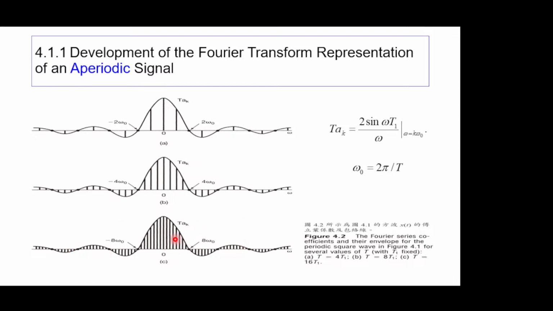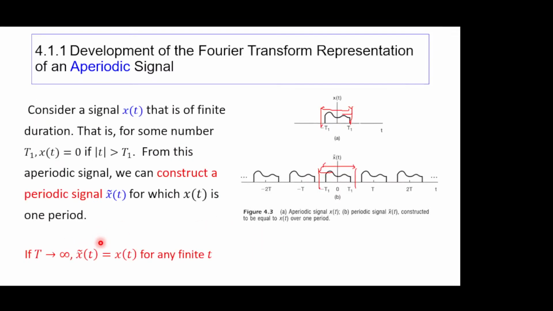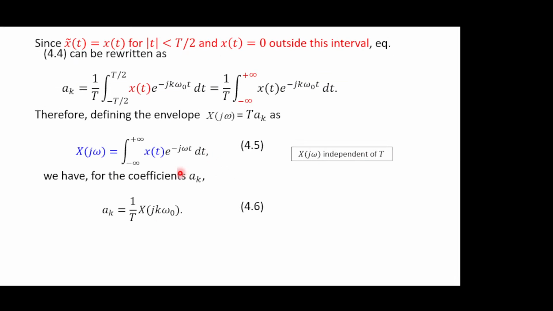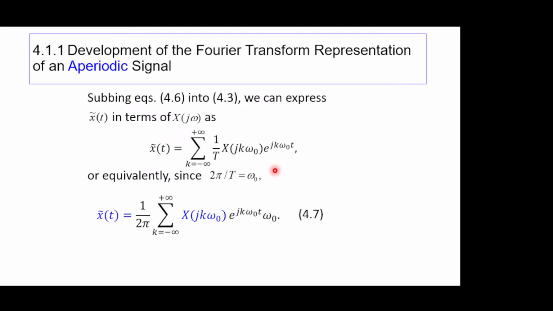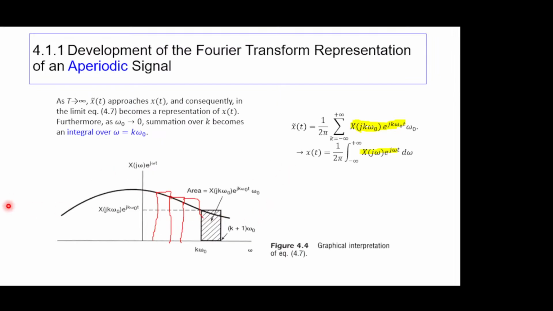So this big X function will be, in the analysis relation, x of t times e to the minus j omega t, integrated. So you can calculate this big X envelope, and we argue that you can also get x back from the big X, because you can take a limit of your Fourier series synthesis equation.